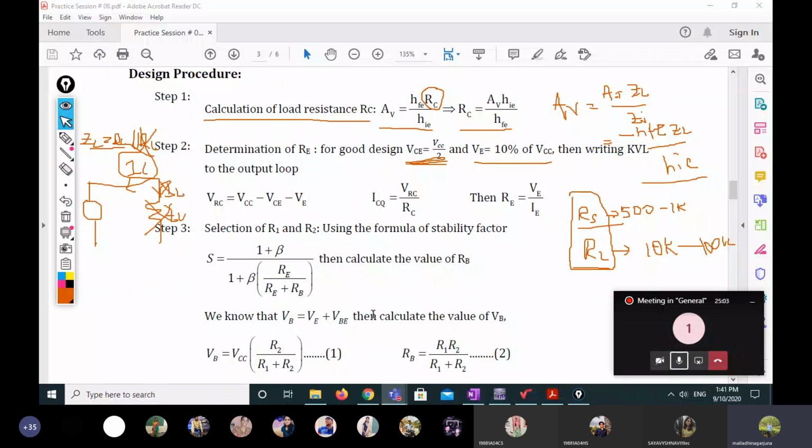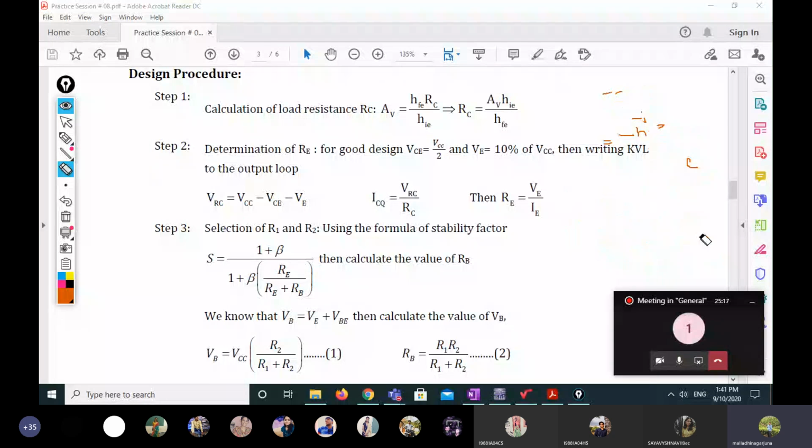Okay, if you write the output KVL equation, you will get the equation like this. I will go back and write the equations. I will show you.